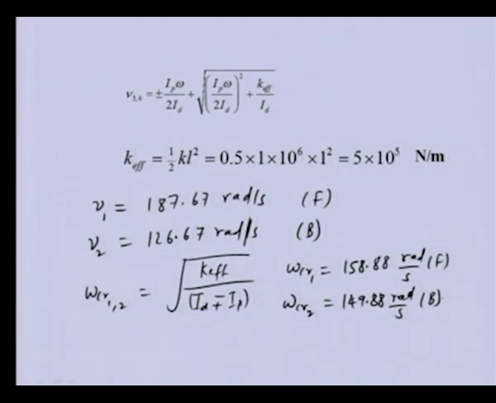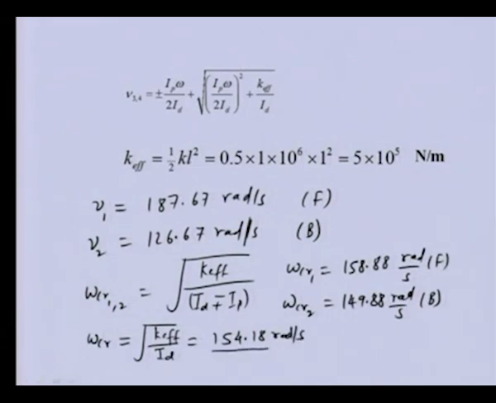Now, we want to compare with the critical speed of the system when there is no gyroscopic couple. For that case, the critical speed, or the natural frequency, will be K effective divided by ID. If we substitute the values in this, we will get 154.18 radians per second.